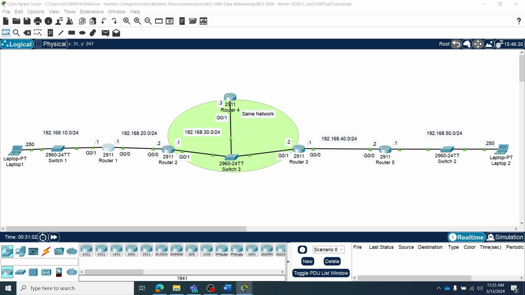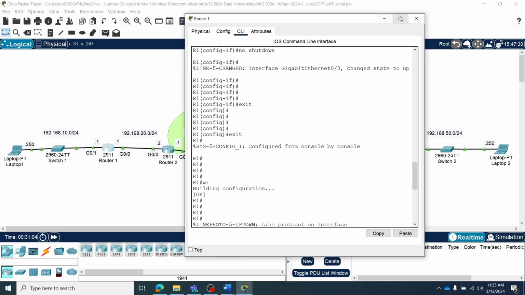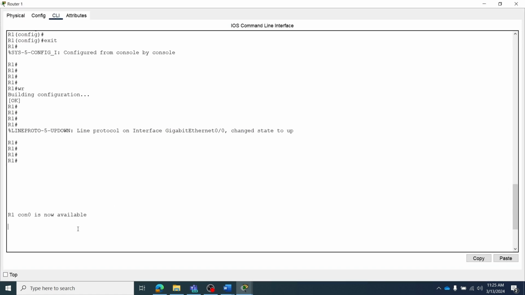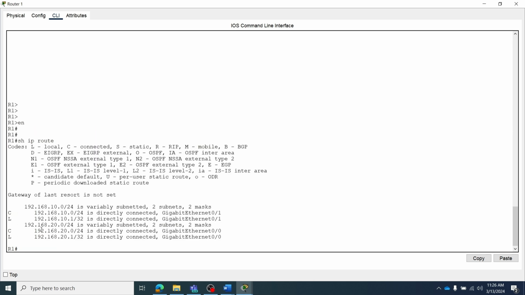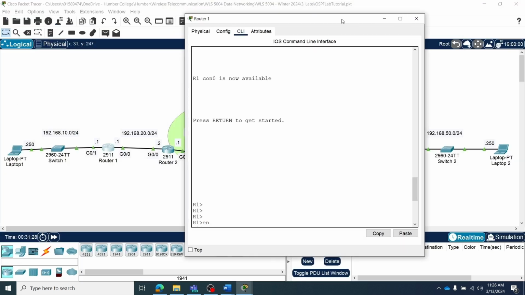If you look at the routing table of router 1, in enable mode do show IP route, you can see only two networks, 192.168.20 and 192.168.10, only the connected networks.